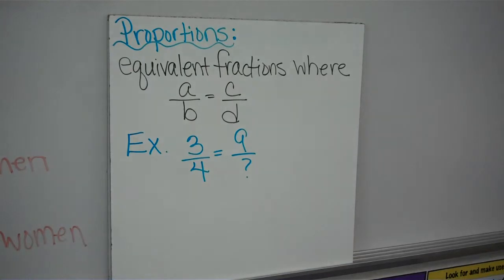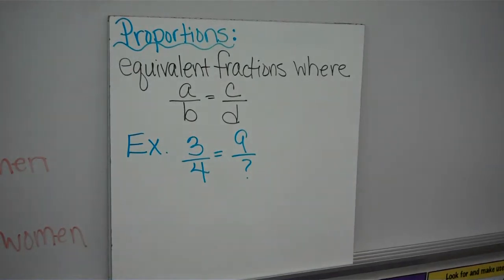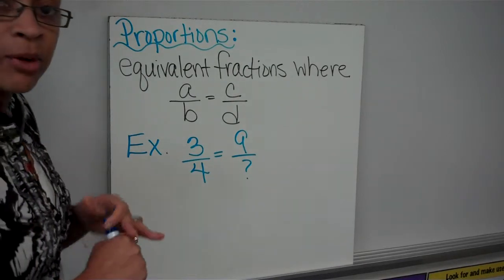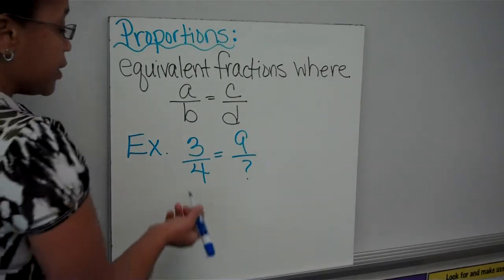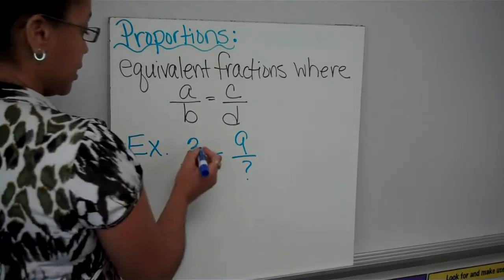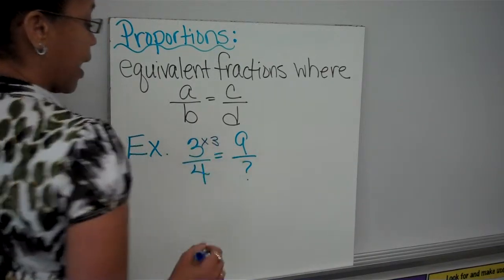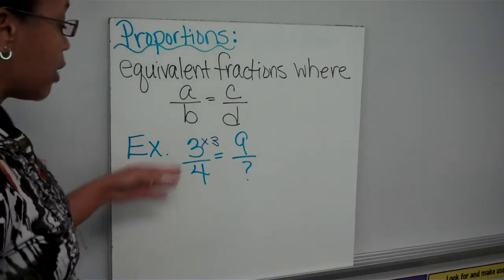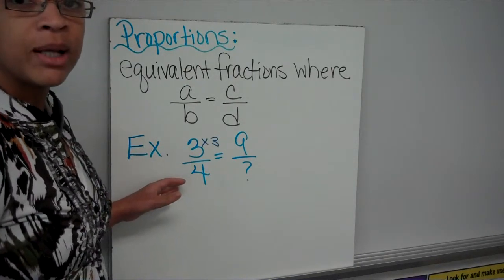So for example, in this example, if I wanted to figure that out, and you've done this before in elementary school as well, I would just say, how did 3 become a 9? Well, 3 became a 9 because I did 3 times 3. So I would do times 3 here. Remember the rule. Whatever I do to my numerator, I have to do to my denominator.